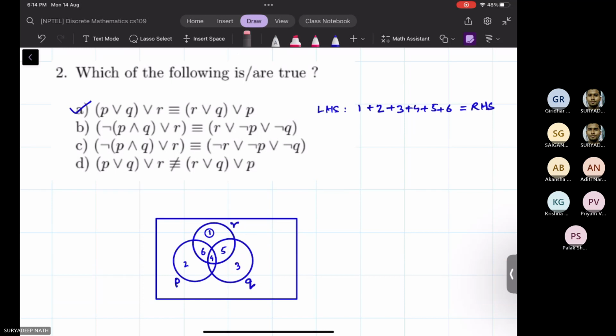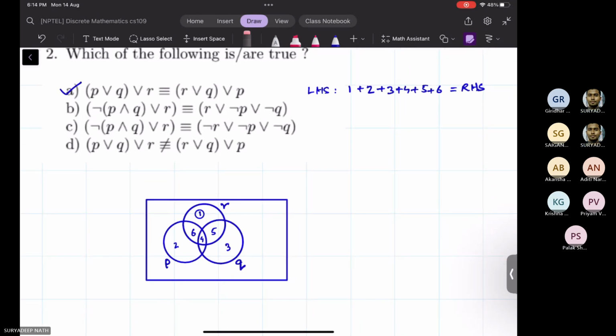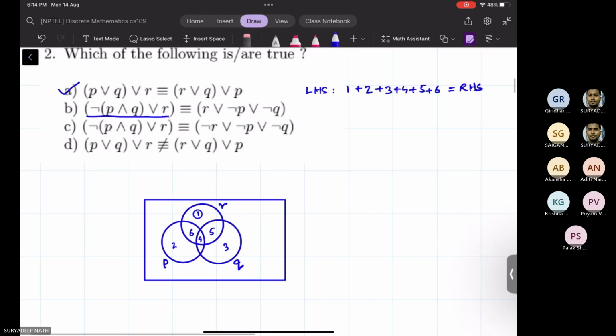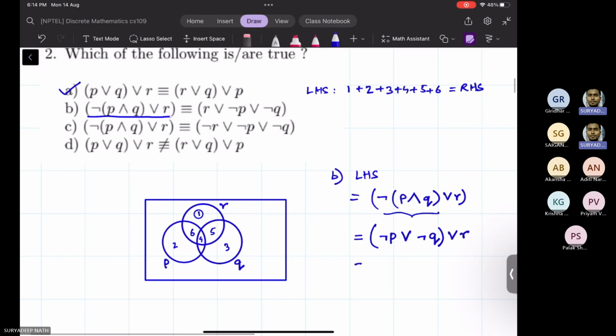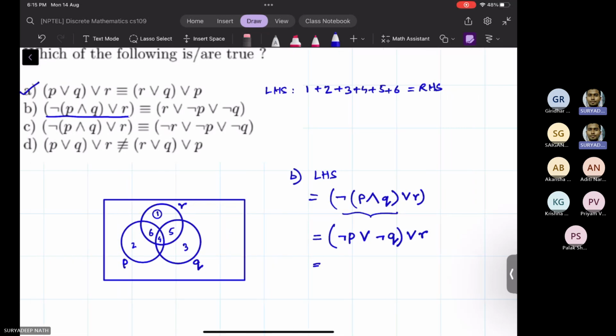If we look at B, the left hand side of option B is not of P intersection Q, or R. For this part, not of P and Q, we can use De Morgan's theorem and rewrite it as not P or not Q, and the whole thing or with R. We have two OR operators, and by associative law you can change the braces, and they are commutative as well.